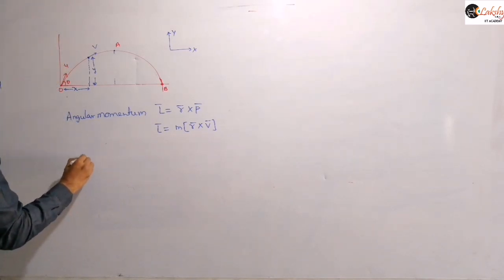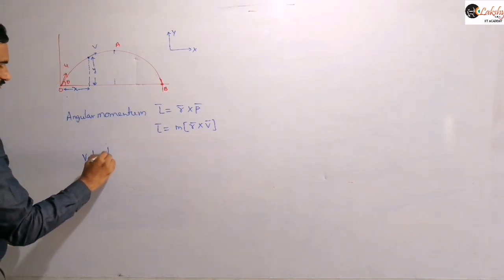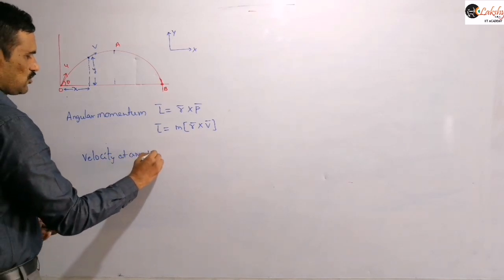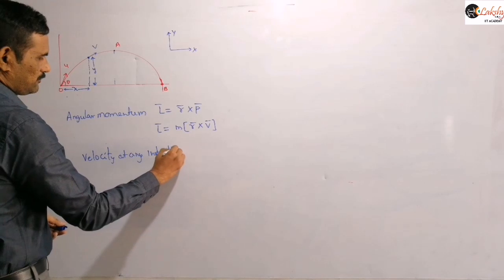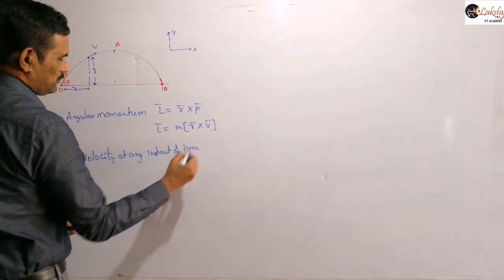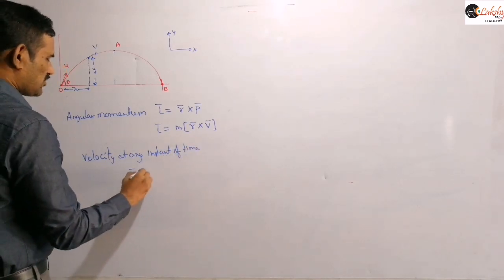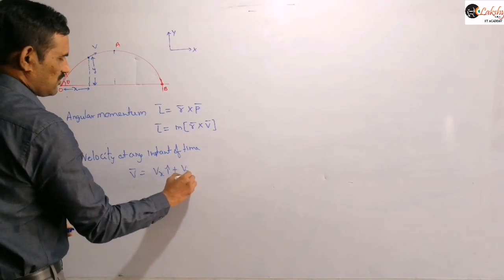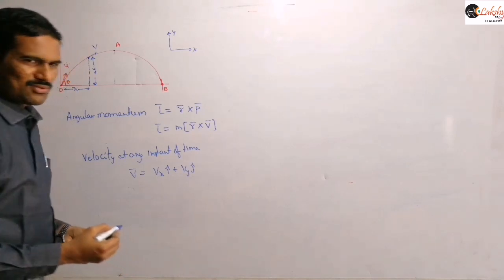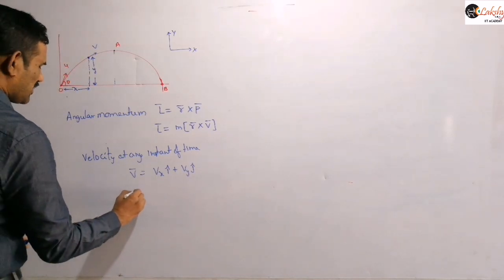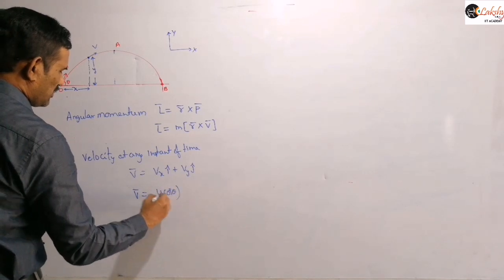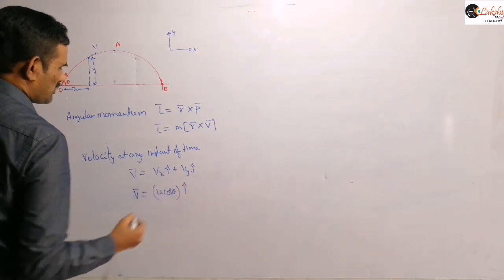Therefore, velocity at any instant of time. Our procedure is Vx i cap plus Vy j cap, components we need to write. Therefore the velocity at any instant: the x component of velocity is u cos theta i cap, and you know it remains constant.